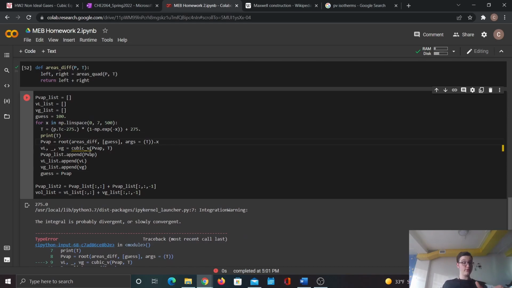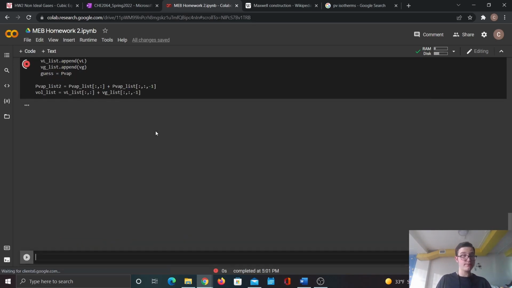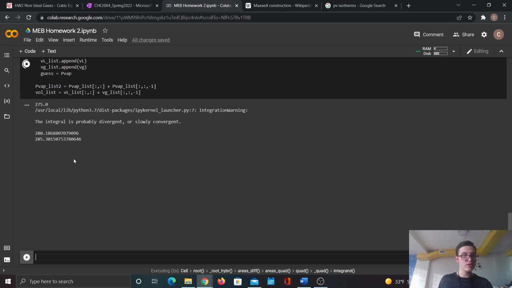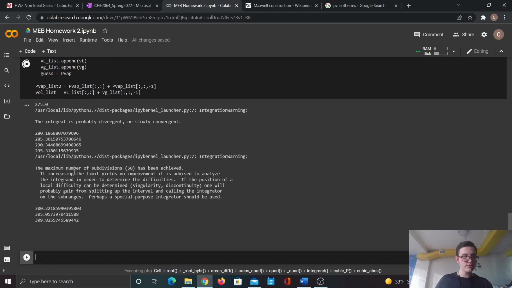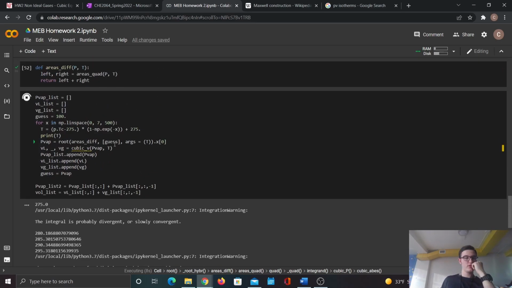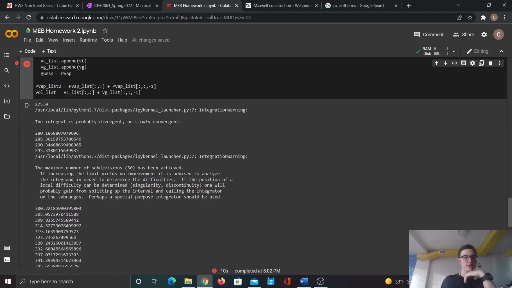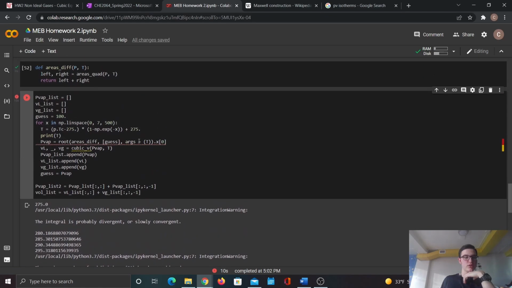We need the value from the root as well as the first value in that array. Maximum number of subdivisions is achieved, yields no improvement. You can stop now. So there seems to be no issues here, although this here seems to be having issues.